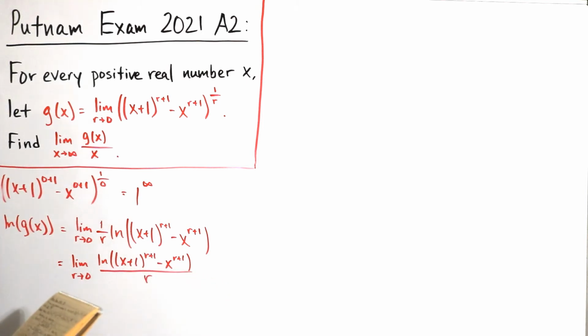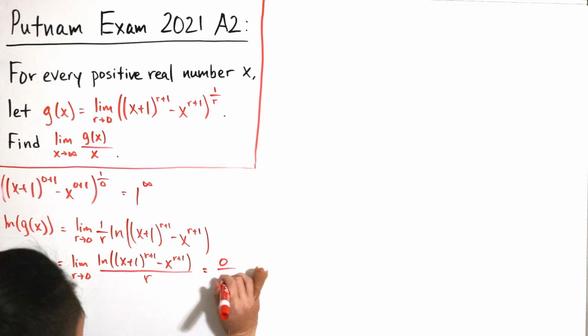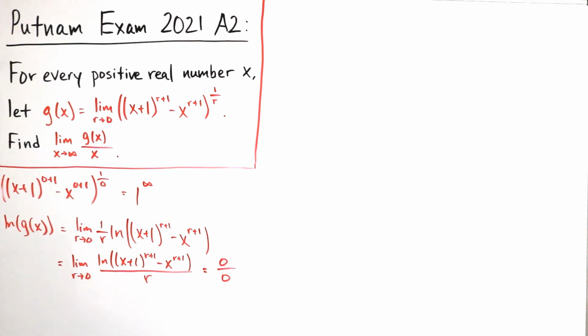If you take the limit as r approaches 0, we have a 0 over 0 indeterminate form. Therefore, we can take the derivative of both the numerator and denominator, then take that limit again, and hopefully we get some finite value and not another indeterminate form. But no worries, we see the following.